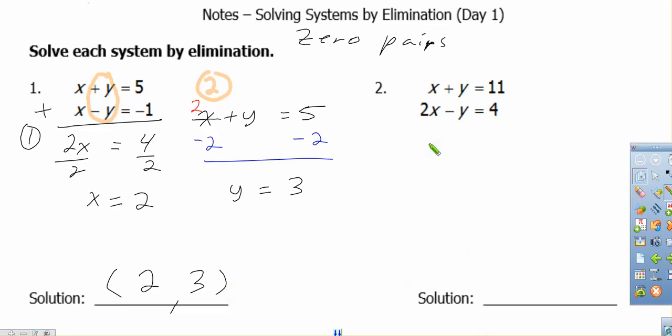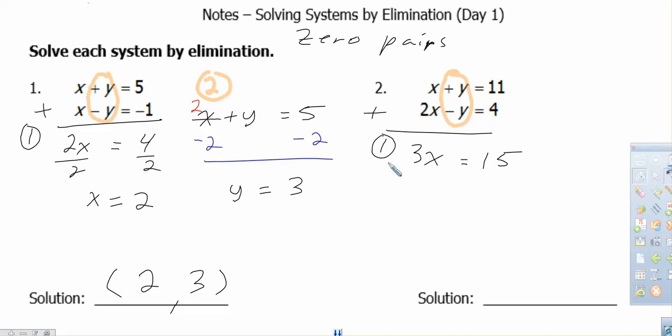Number 2, do you see a zero pair somewhere? You ought to, right here, same place, positive y, negative y. When we add these two equations together, we're going to have 3x equals 15. There's our first step. So dividing by 3, x equals 5. So in our solution, we have 5 comma something.